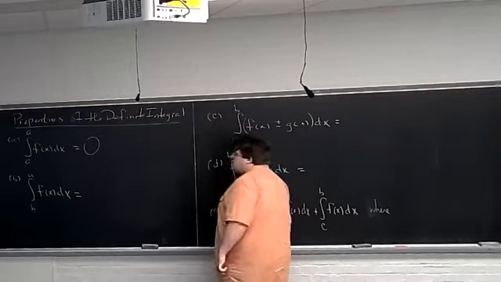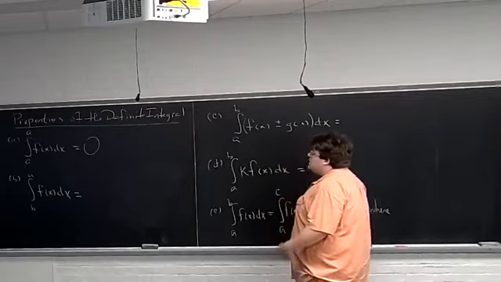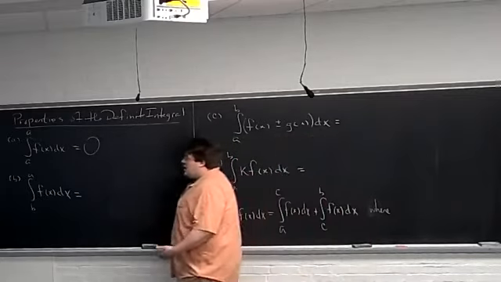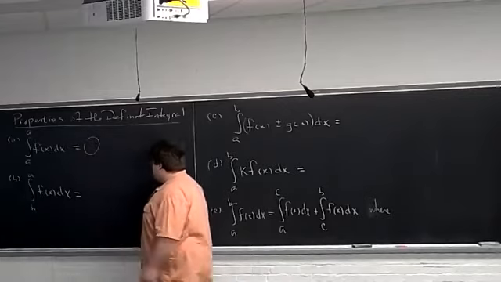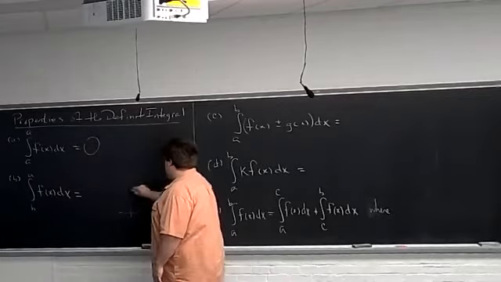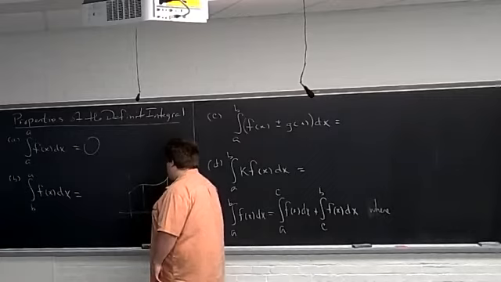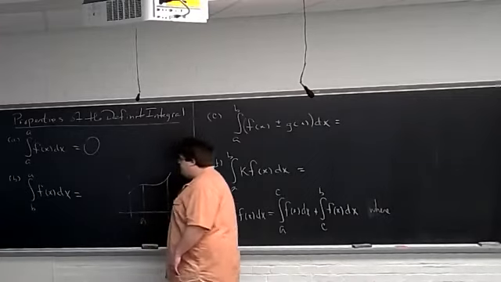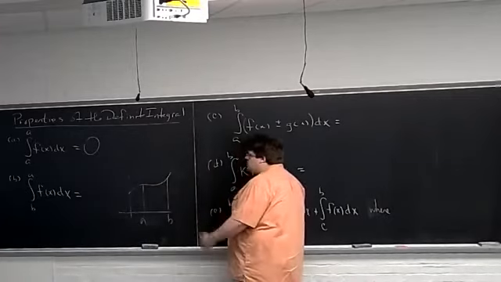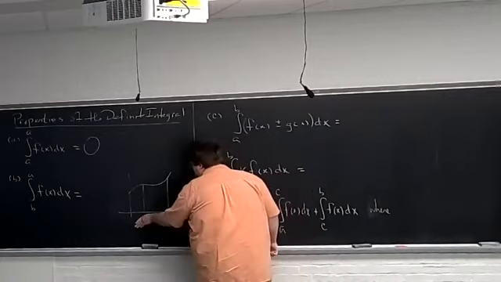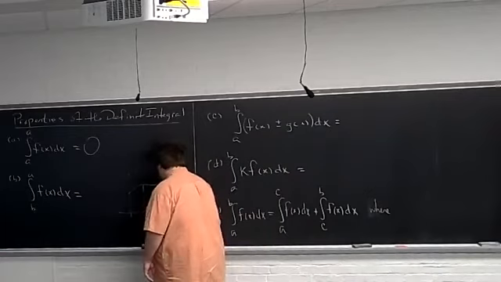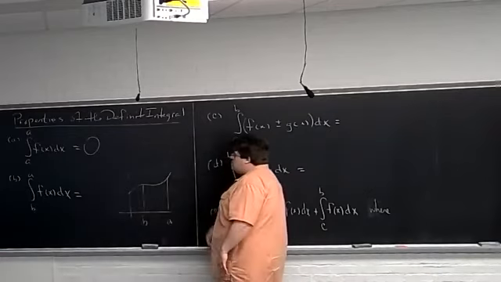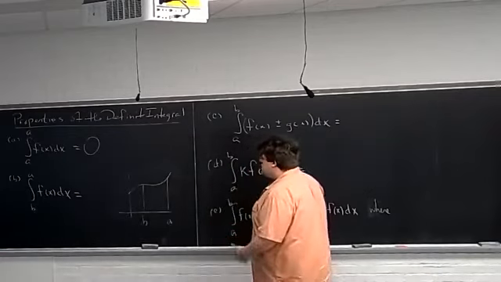Any questions about the first property? Now, the second property. Normally we consider integrals from a to b, but here we have an integral from b to a. Integral from b to a would give us this area.